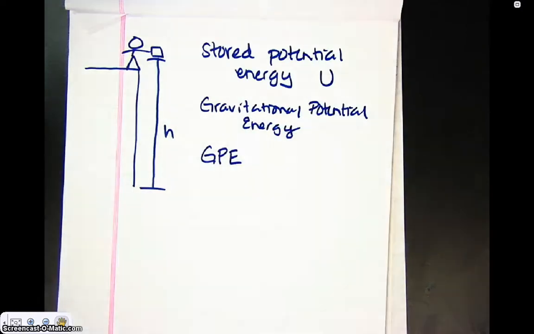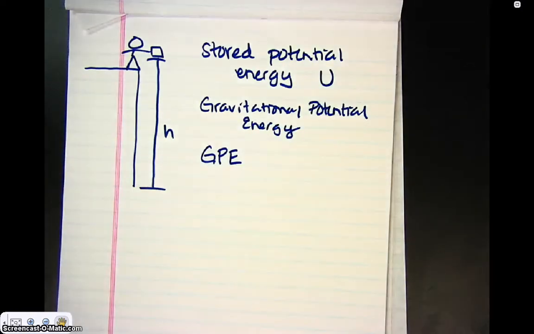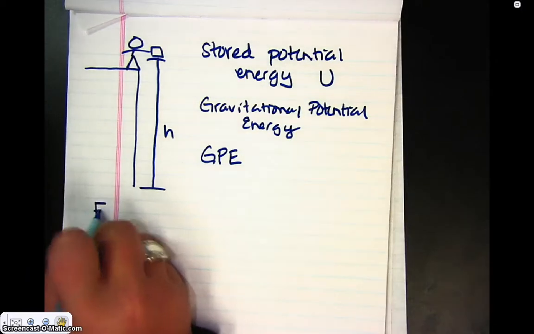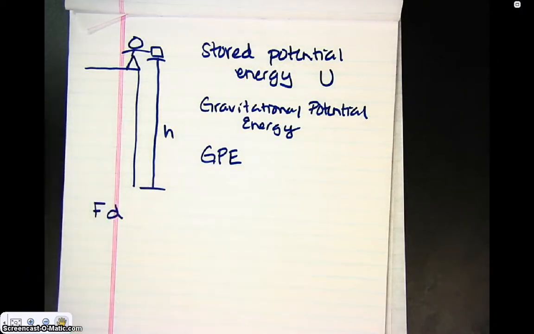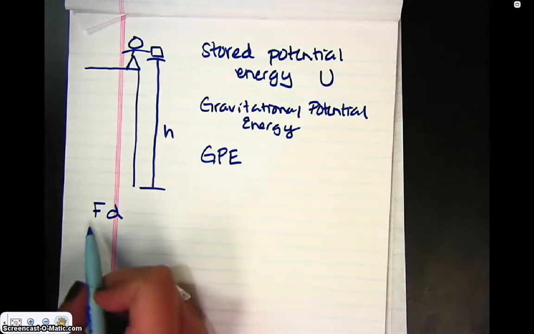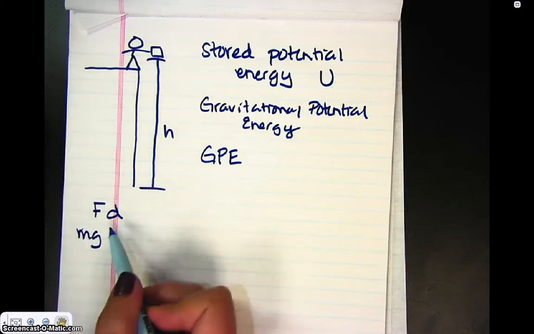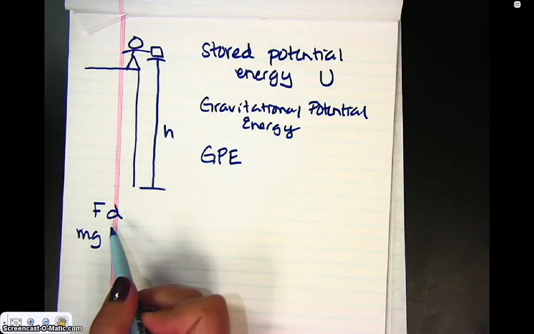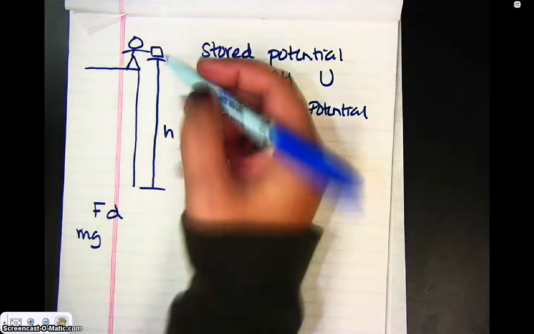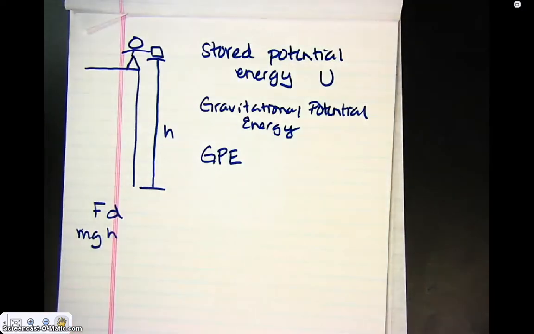And the amount of work that we've done, remember that work is force times distance. The force that we want to overcome is gravity, which we know is Fg or mg. And d would be the distance or the displacement, so that would be the height above the ground that the object has been lifted.